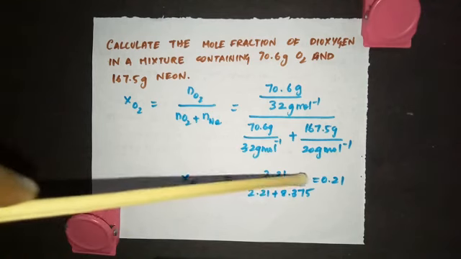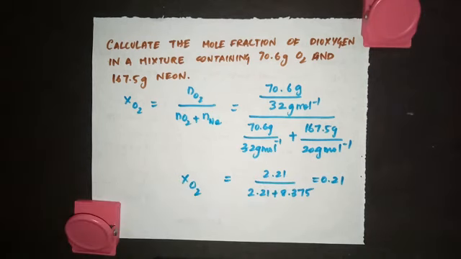So 1 minus 0.21 will give you what? Mole fraction of neon. So that would be equal to 0.79. So if you are able to calculate one mole fraction, the other mole fraction can be calculated by subtracting from 1.